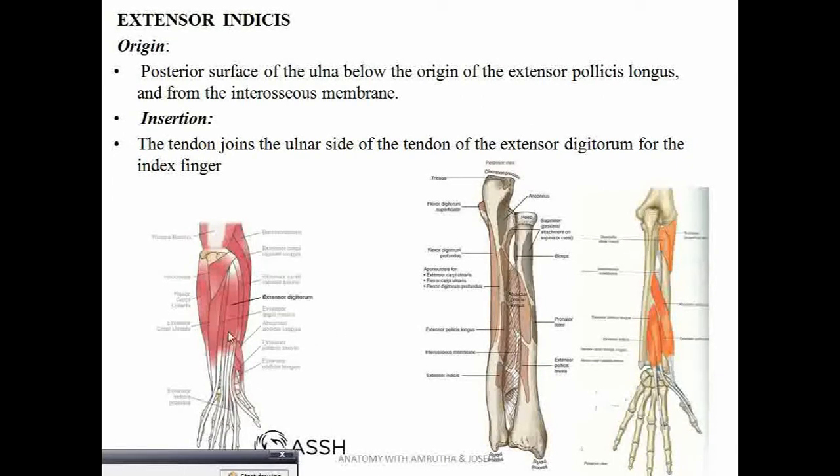Extensor digitorum divides into four tendons. It also goes to the index finger, and extensor indicis is meant for the index finger. So extensor indicis tendon joins with the tendon of extensor digitorum for the index finger on the medial side.